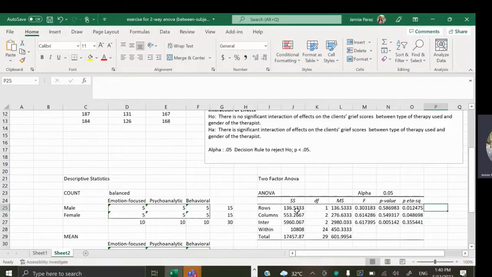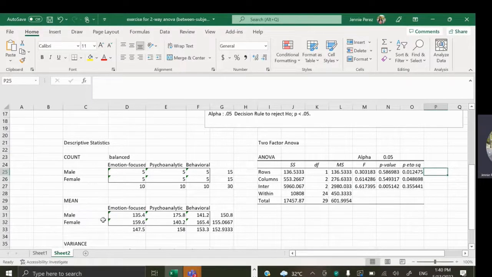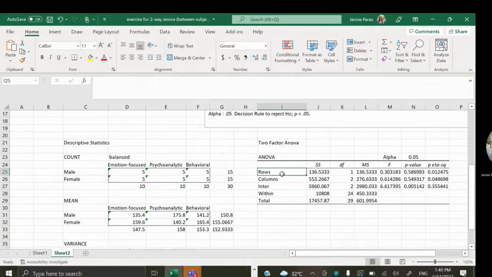Okay, so we have here for the rows, these are now the rows. The rows are represented by gender of the counselor.